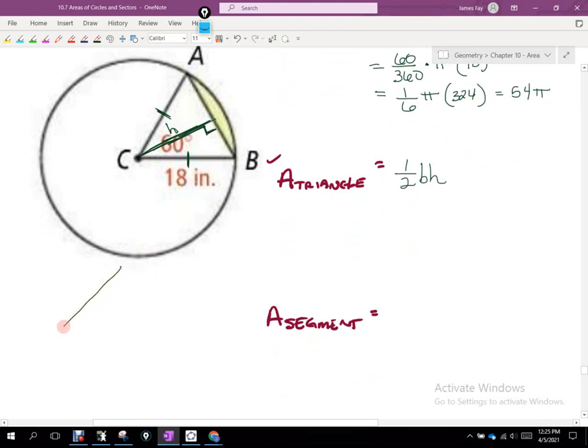I'm going to draw my triangle just so it's a little bit bigger and easier to see. If that's C, that's my central angle. Let's say that's B and that's A. What I just drew down was H right there, correct?